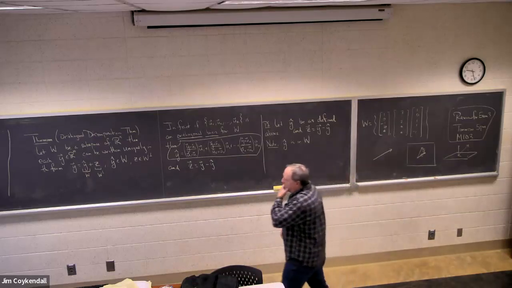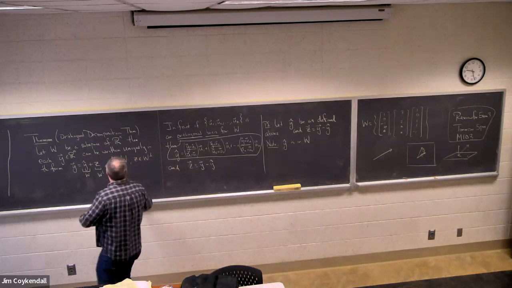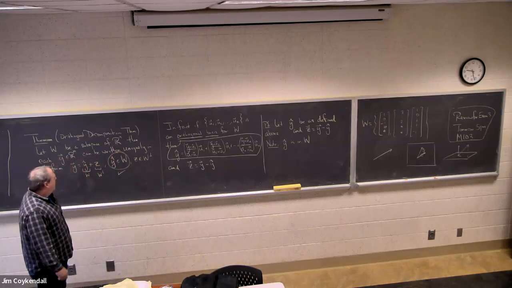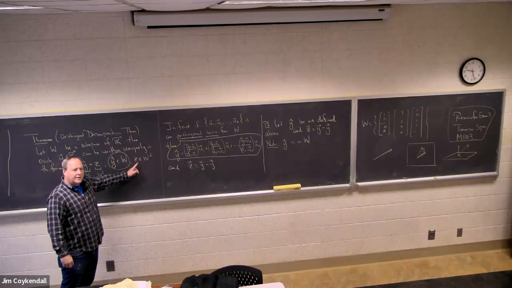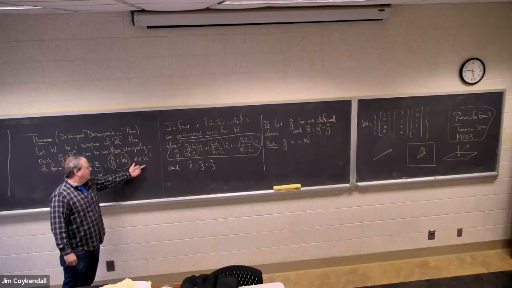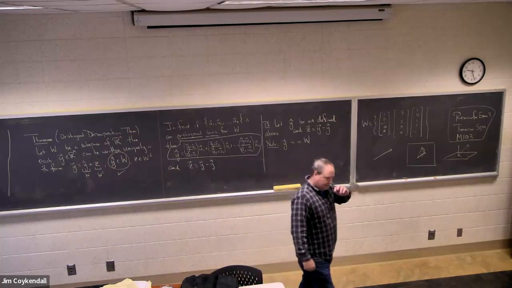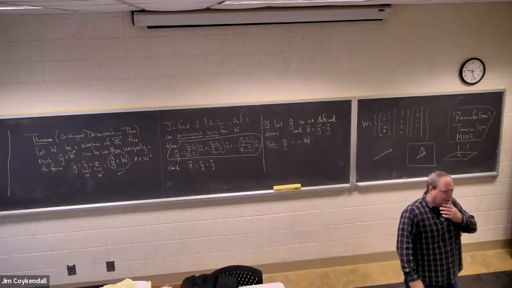Okay, that's step one. Let's check this. I want to prove that z is in W perp. How do I do that? How do I show that z is in W perp?